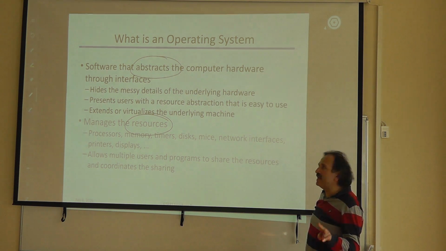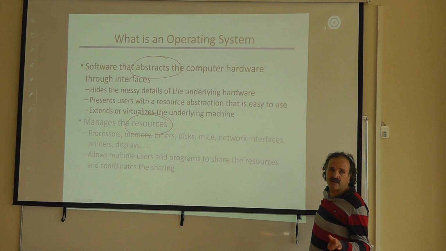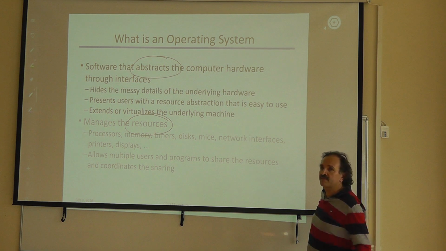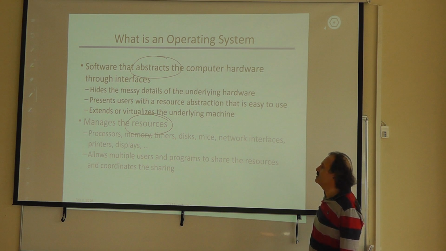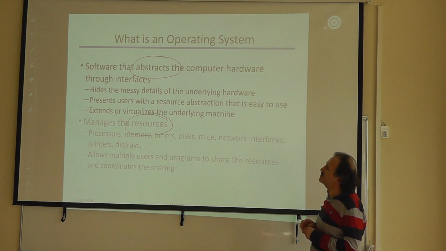Your answer would be, it provides abstraction and it manages the resources. That's what an operating system does, that's it. It's a very complicated set of software, but it does these two things. Provide abstraction for the application programmer and manage the resources.